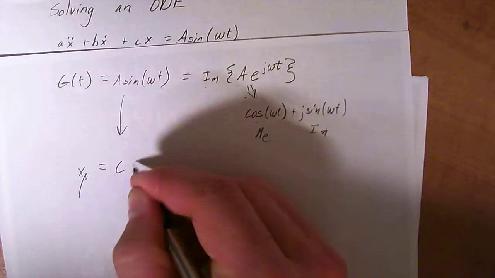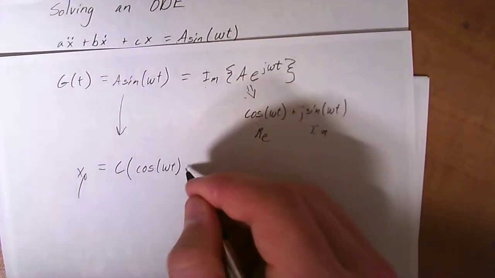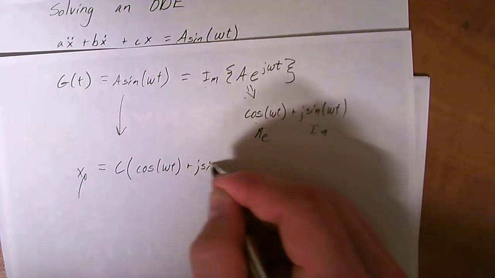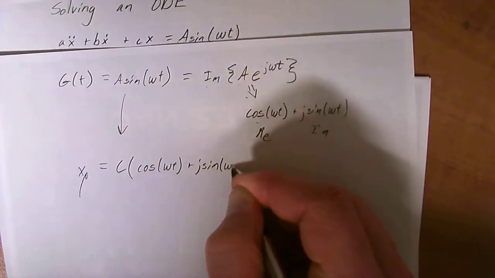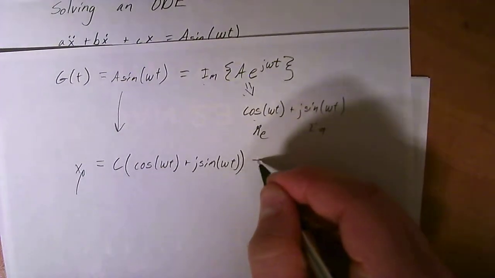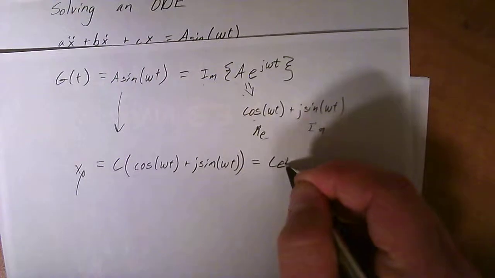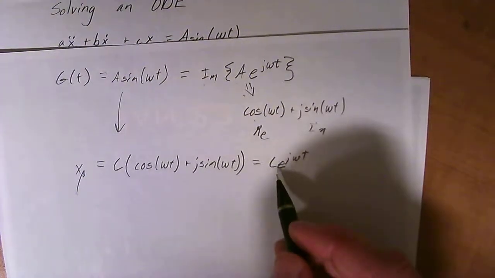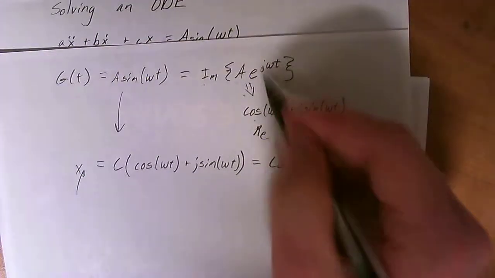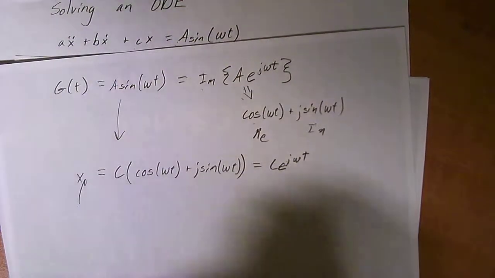So what we're going to do is take this down here, we're going to set x_p, the particular solution, equal to some coefficient times cosine of omega t plus j sine of omega t. But that's kind of nasty, especially for this problem, so we're just going to simplify it to c e j omega t.